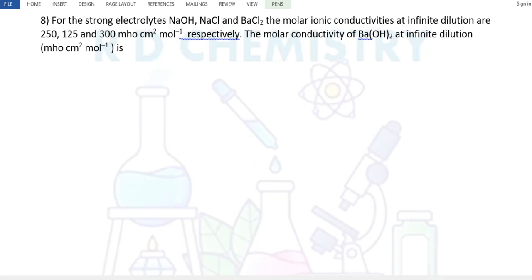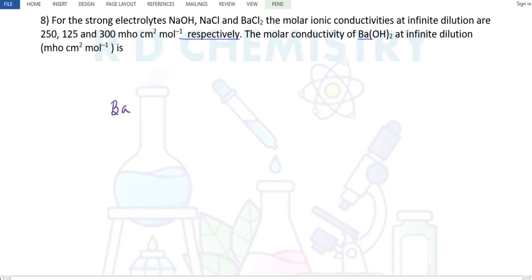This is according to Kohlrausch law. We can calculate the molar conductivity of the given electrolyte by knowing the molar conductivities of the other electrolytes. So we have to do some manipulation to get barium hydroxide.